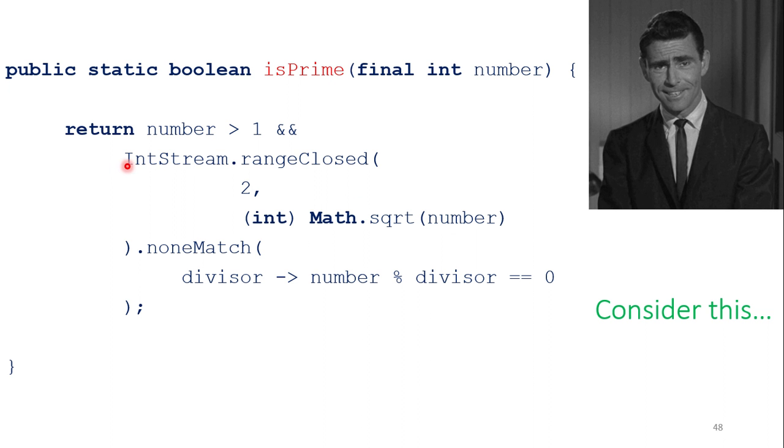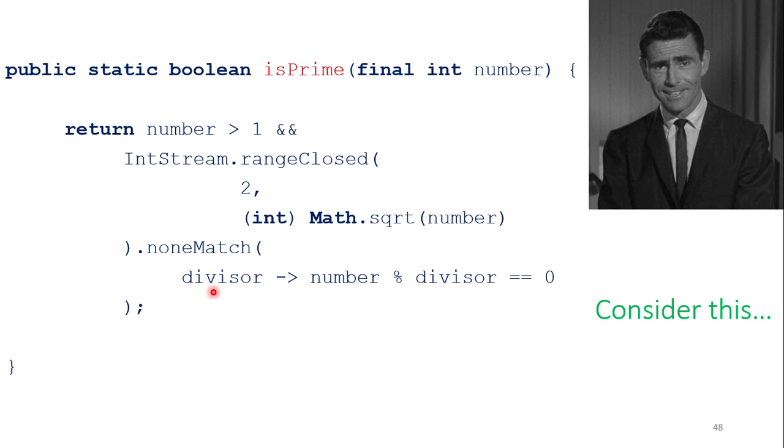So out of IntStream.rangeClosed with those parameters, we are going to get a stream of int values starting at 2, then 3, then 4, then 5, etc., up to the square root of number. And then we apply to that stream a method called noneMatch. As you would expect, noneMatch is going to return true if none of the elements of the stream on which you apply it match the predicate that I specify here as a lambda expression.